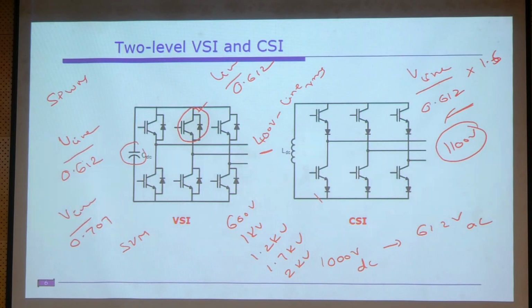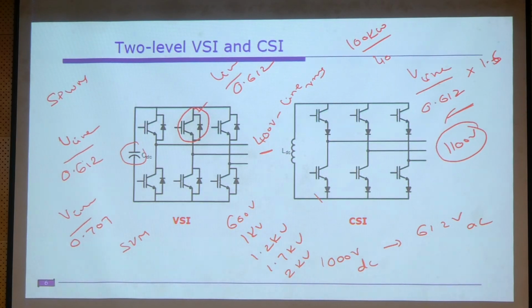The current rating obviously depends on the load rating. If one device is sufficient, that's fine. If the current rating is huge, you need to connect multiple devices in parallel. Now, for high power cases, let us assume the motor is 100 kilowatt and the battery is 400 volts.